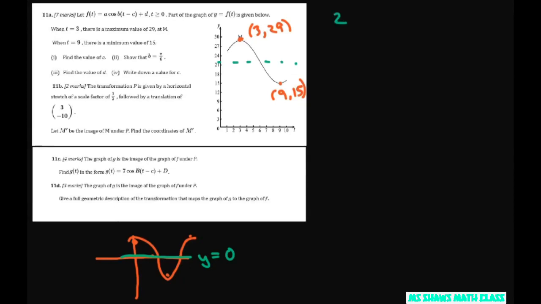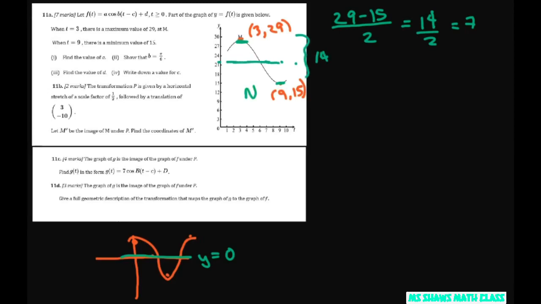So that's 29 minus 15 divided by 2. That's 14 divided by 2, which equals 7. So basically, this whole length here, from M to N, is 14.